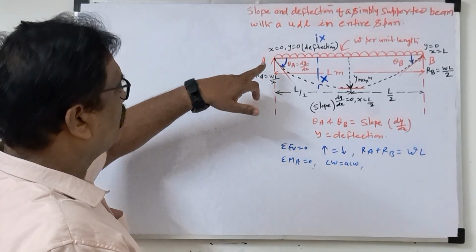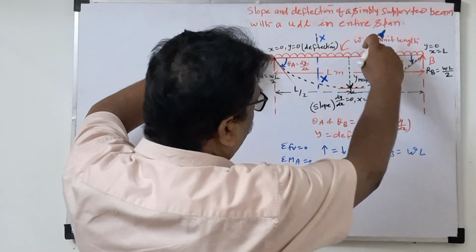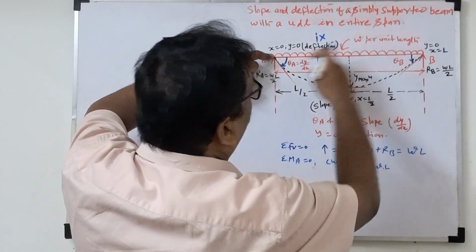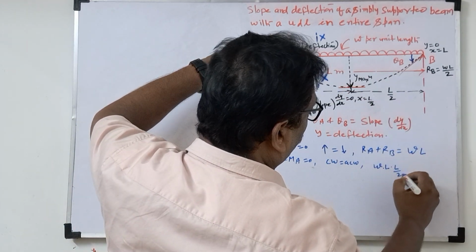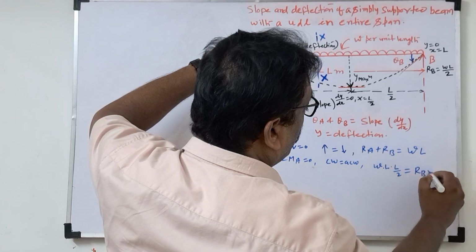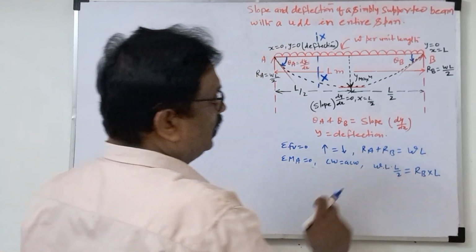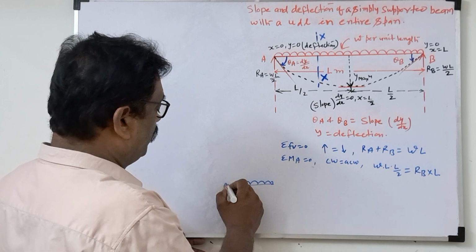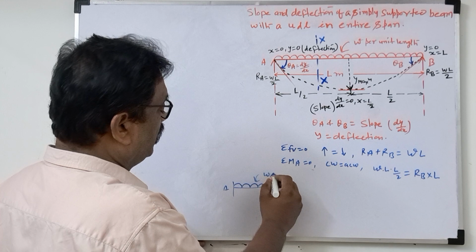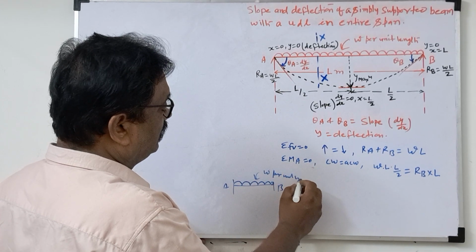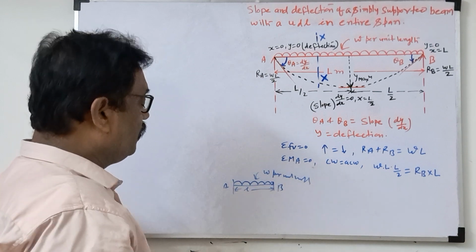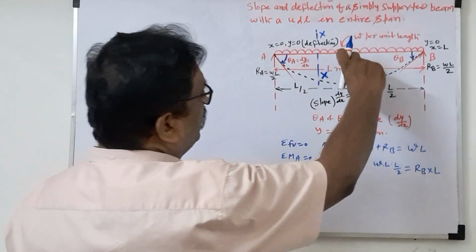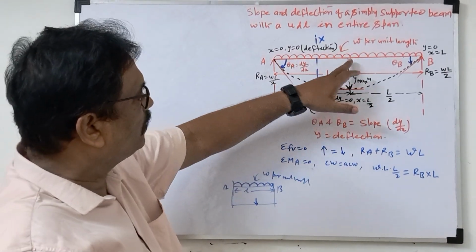If we take moment about A, due to this UDL the moment will be clockwise, so it is the load W into L, times the distance L by 2, equal to RB into L. How does this come? We have discussed UDL many times already. Suppose the UDL of W per unit length is there and this length is L. If you draw the load diagram, the load acts at the middle point, because maximum deflection is at the middle.